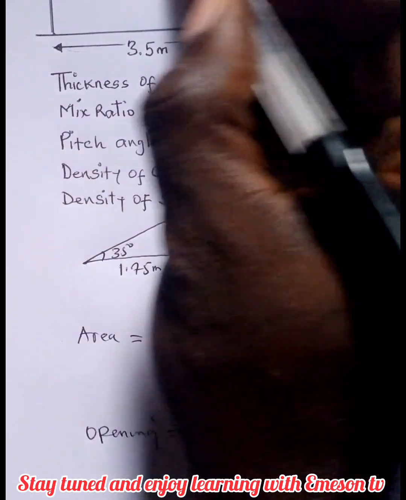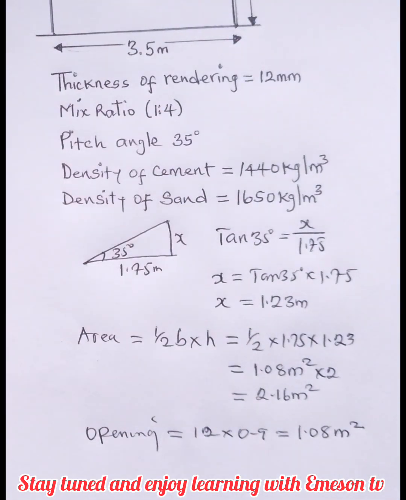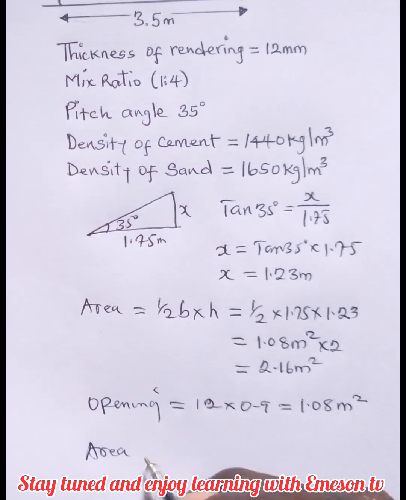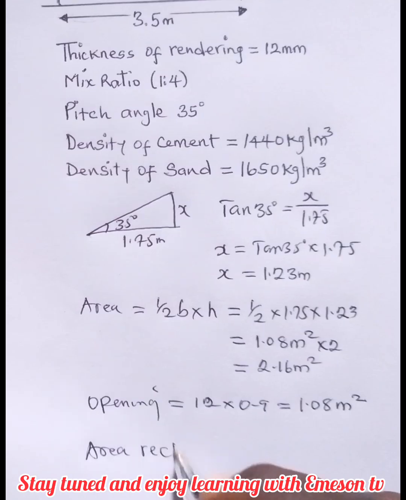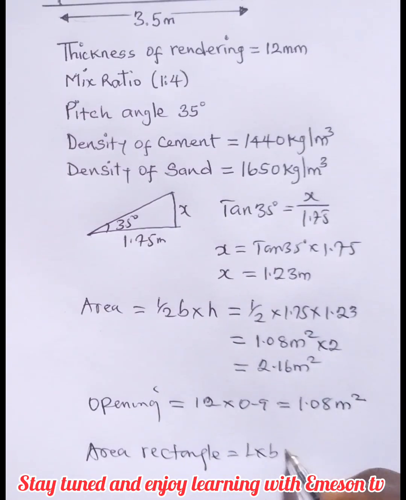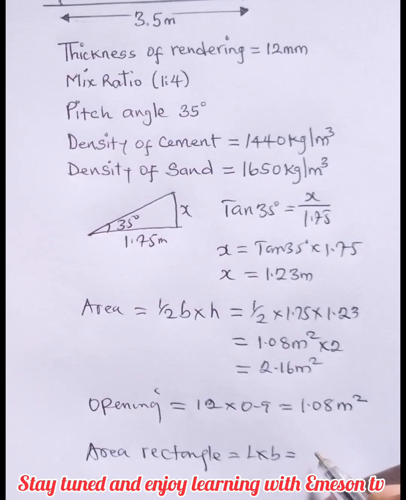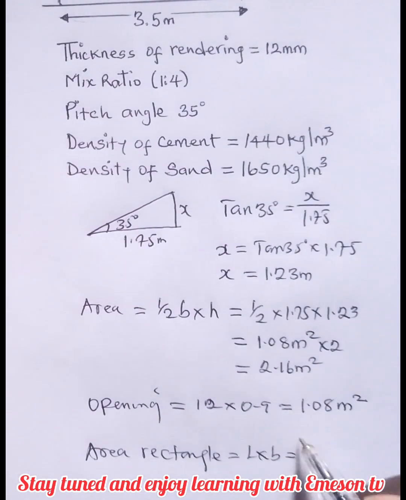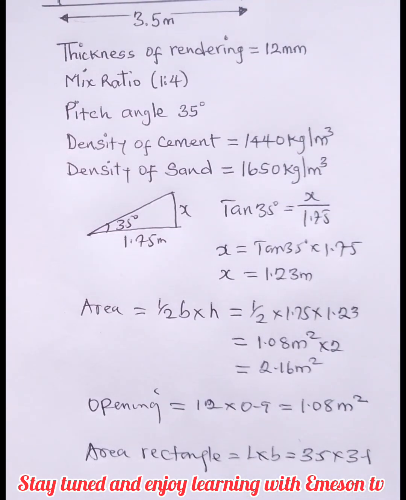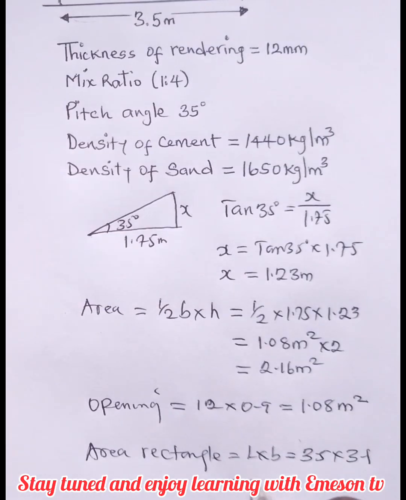Then the area of the entire rectangle becomes: area of a rectangle is length times breadth, which is equal to, let's take here 3.5 by 3.1. So if you do that, we have 10.85 meter square.